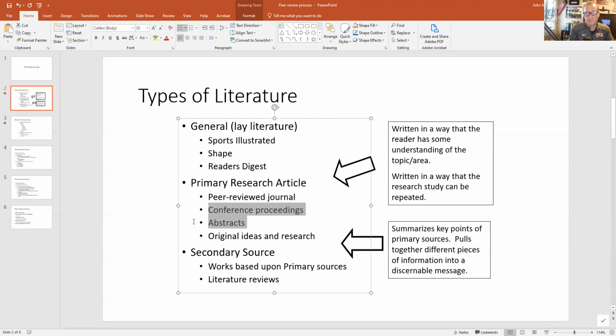And the value of current abstracts and proceedings just has to be taken very cautiously because these types of articles may not be peer reviewed. And so the article and the results may not have fully been vetted. However, sometimes we'll use these to identify current work that is being done in a particular area.